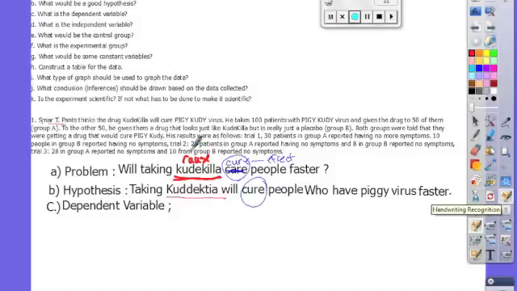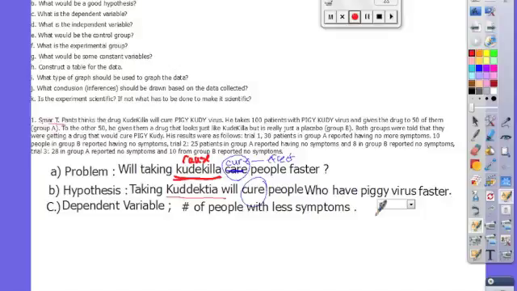So the dependent variable is what we measure. We're going to be measuring the number of people with less symptoms, which is basically the ones that got cured.